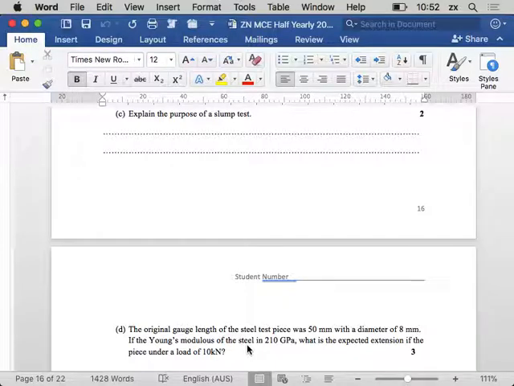You could even talk about how if it shears, if it just slides off from the side, you have to redo it. But I asked for the purpose. The purpose is to see if it's workable. Now we talk about cause and effect. If there's too much slump, we can't use the concrete.